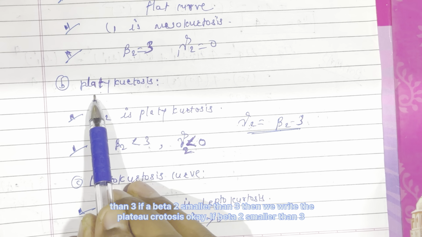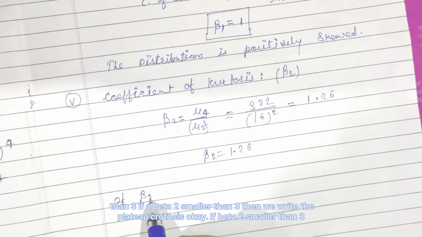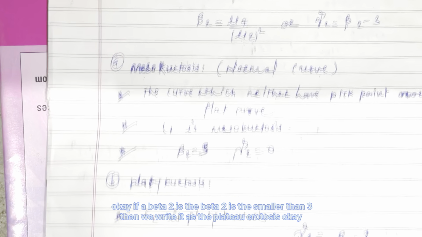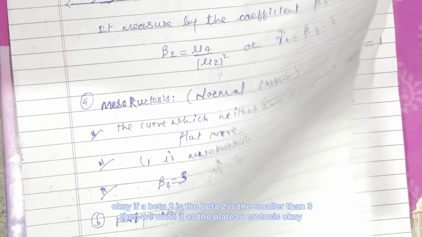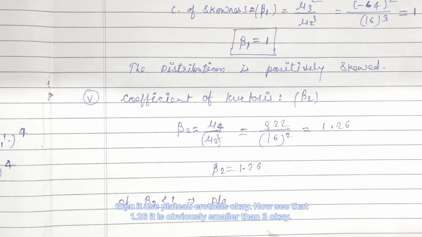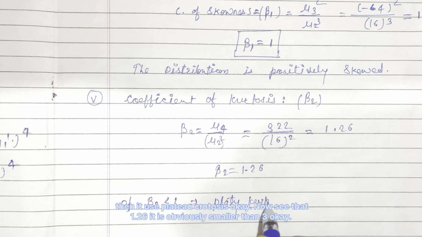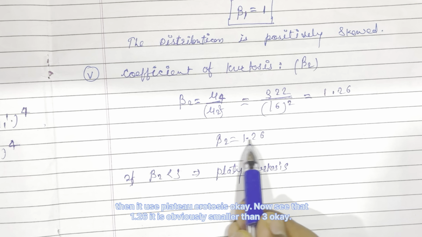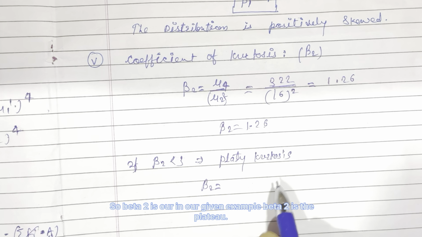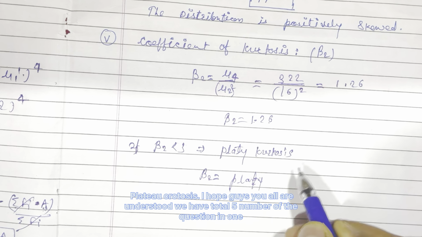If beta 2 is smaller than 3, then we write plateaukurtosis. So in our given example, beta 2 gives plateaukurtosis.